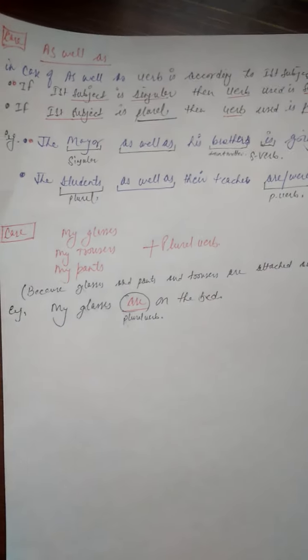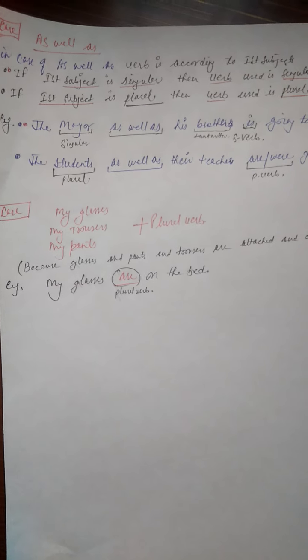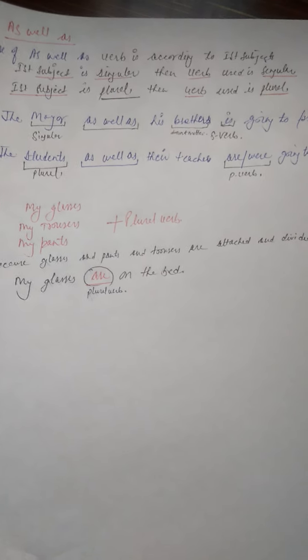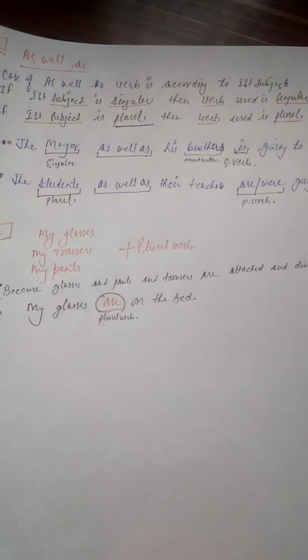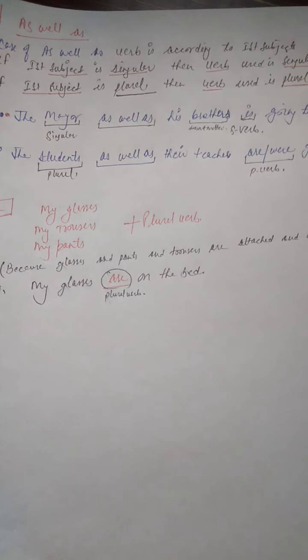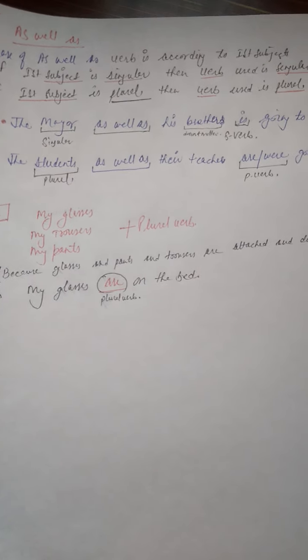In case of 'as well as', we have to use verb according to first subject. So first subject जो भी होगा, we have to use verb according to it. For example, if subject is singular, then verb is singular, and if subject is plural, then verb is plural.